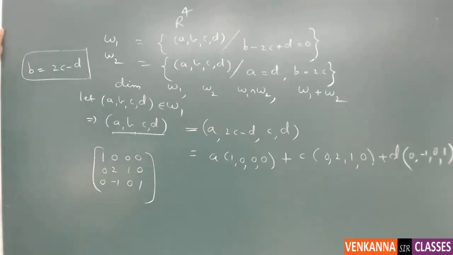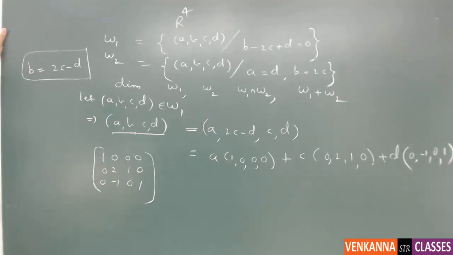So I have written ABCD as a linear combination using those three vectors. So these three vectors are nothing but a spanning set. What is meant by a spanning set? You should be able to find a linear combination with those vectors. Since I got a linear combination with those three vectors, it is a spanning set.